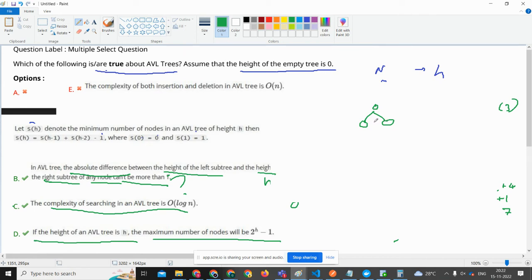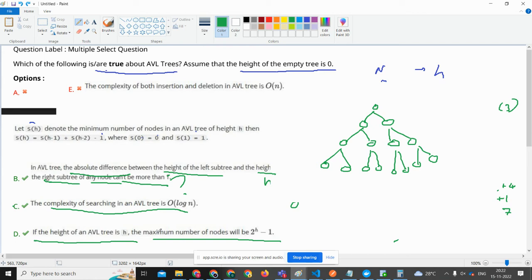Please. My interpretation here is that since we have h levels, in each of those h levels we have two nodes. For every node that you have, you get two. This is talking about the maximum number of nodes, so the maximum is going to be completely filled.